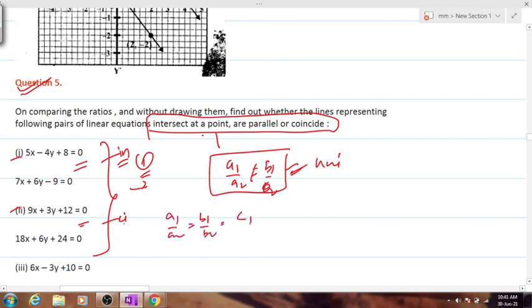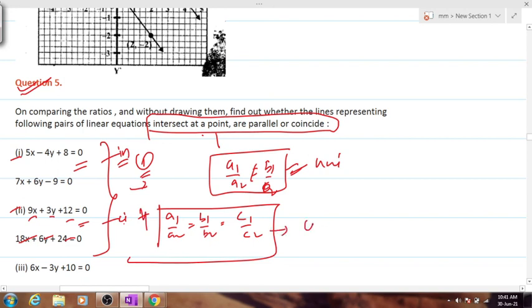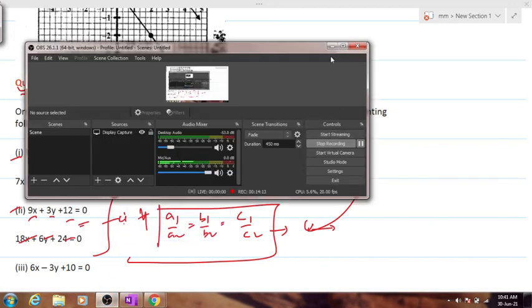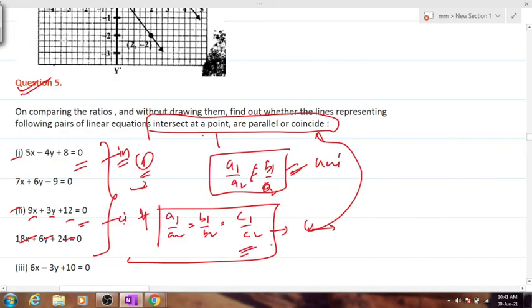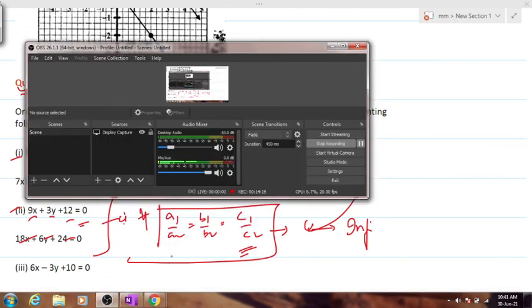Do we see it is equals to C1 by C2? 1 by 2, 1 by 2, 1 by 2. When all are equal, what will it say? It's coinciding and it has how many solutions? What type of solution will we get out here? Sir, infinite solution. Very good.